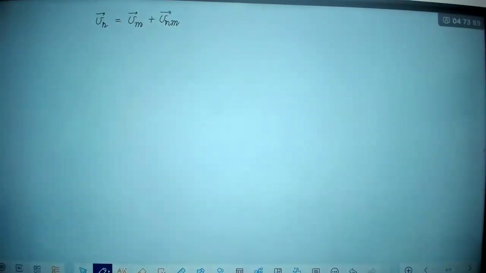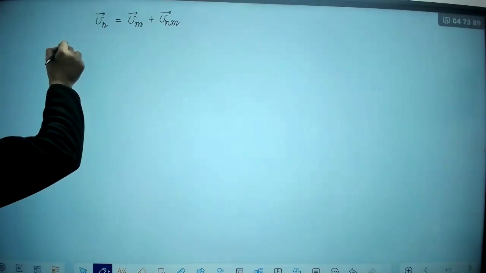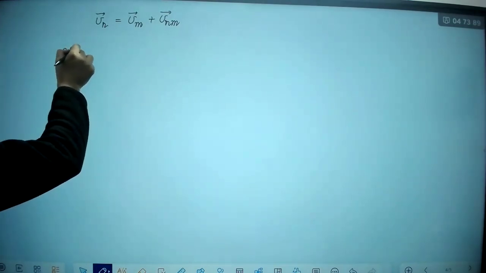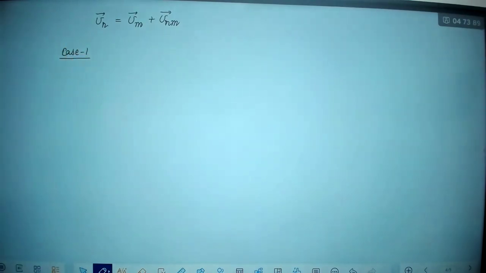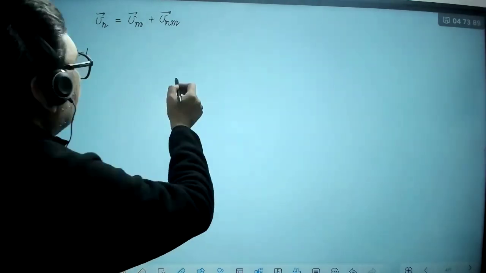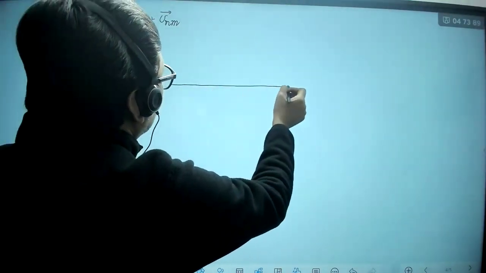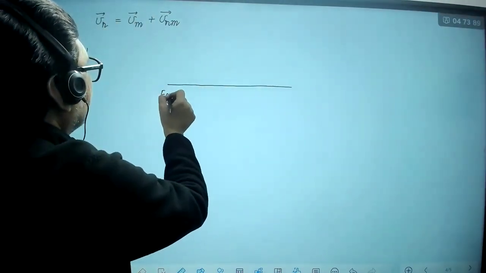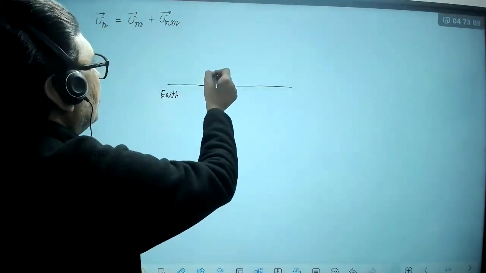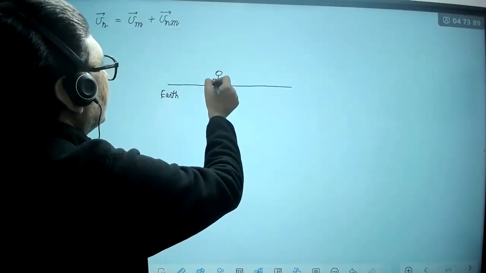So what can be the first case? Case 1. Three or four cases may be here. Suppose this is our Earth, and a person is moving to the right.